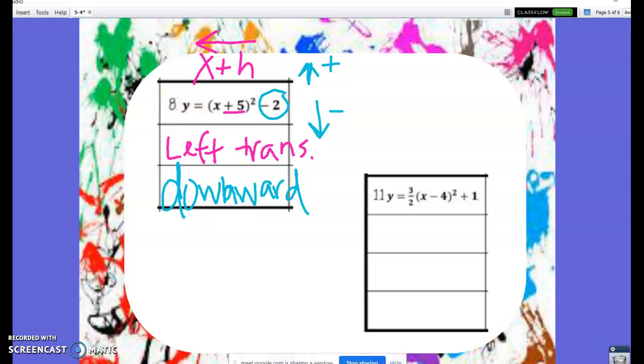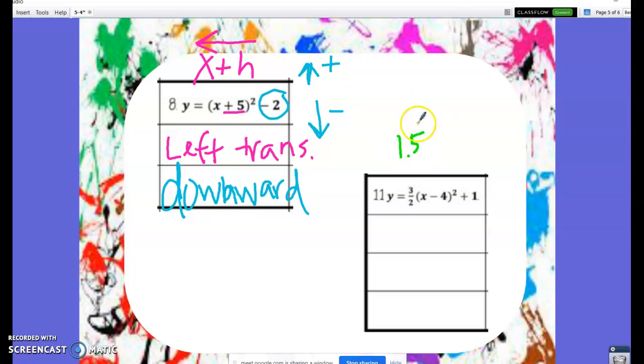Okay. The next one is number 11. And this one does have an a value, but what's weird about the a value is it's a fraction. So I want you to consider, is it a number bigger than 1 or a number smaller than 1? Well, 3/2 is actually equivalent to 1.5.